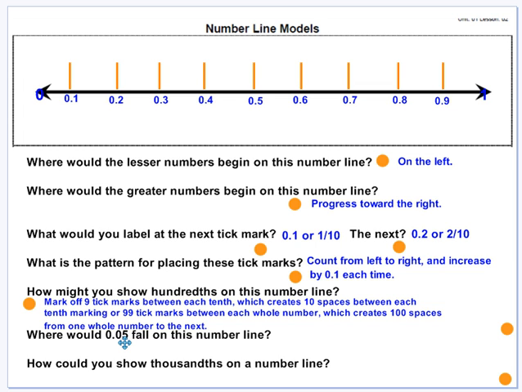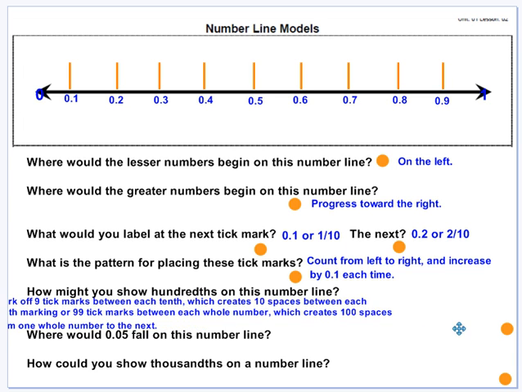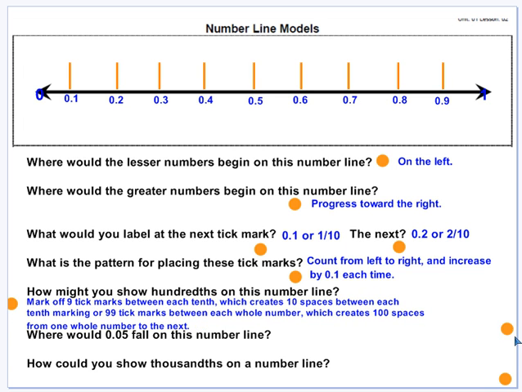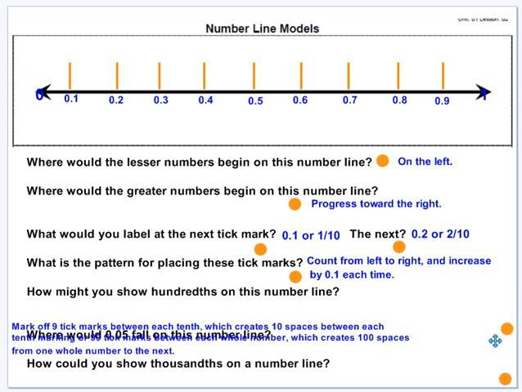Where is 5 hundredths on the number line? Pause the video and then press play if you need to. I would much rather you think about it and figure it out on your own than just let me give you the answer on the video. Okay?